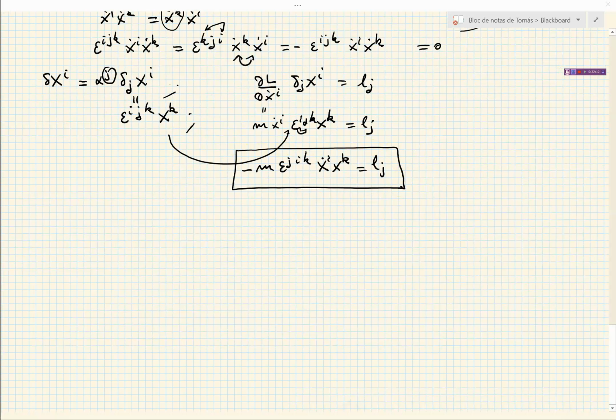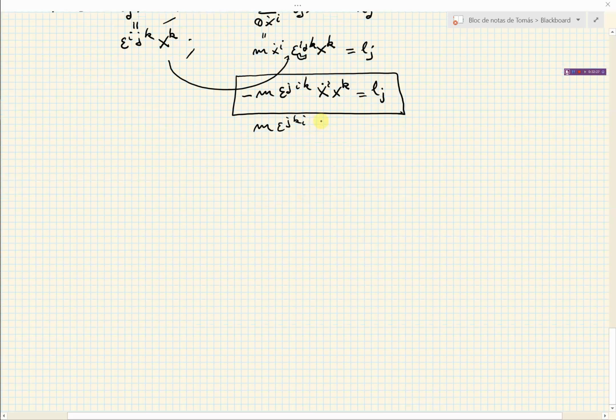Okay, this minus is really not something to be worried about, so we can interchange i and k again, and we could write it like this: epsilon j k i x k x dot i.